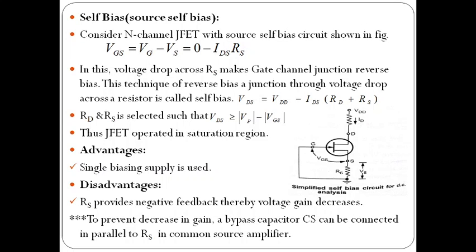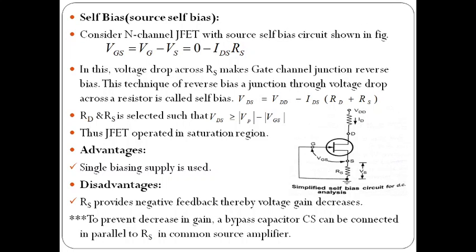So we are providing the reverse bias between the gate and channel by using the source voltage drop. From this we can write VDS equals VDD minus IDS RS. Applying KVL to the outer loop, VDD minus VDS minus IDS RD minus IDS RS equals 0.